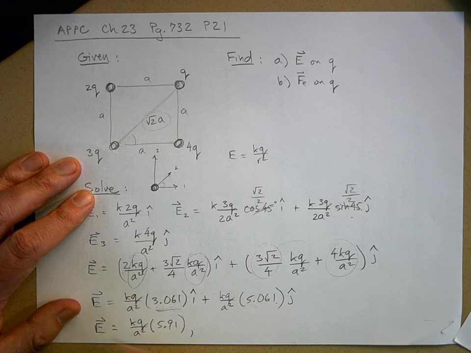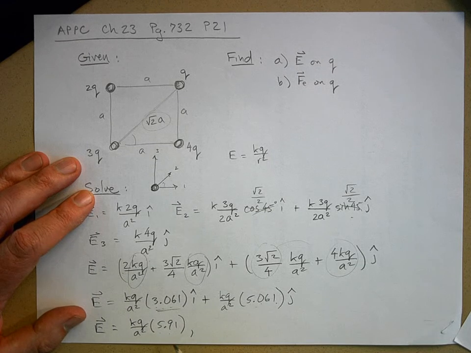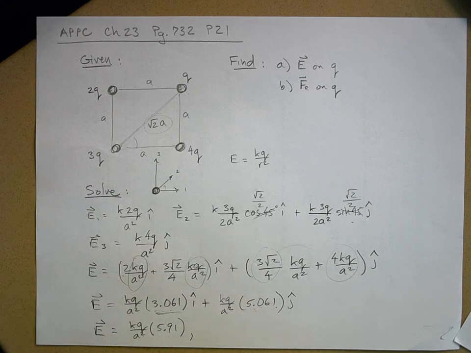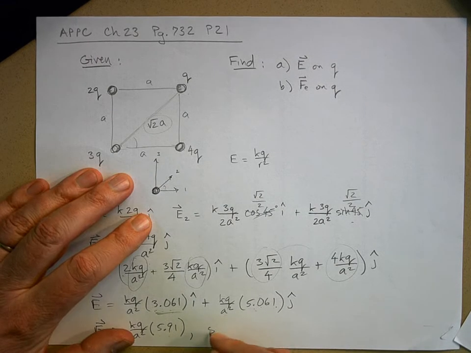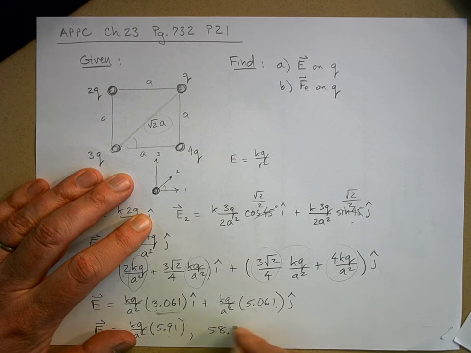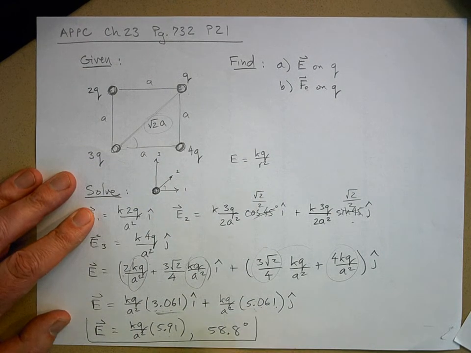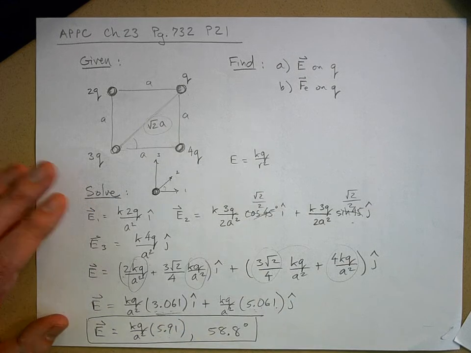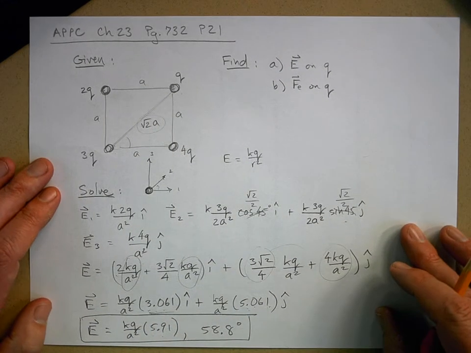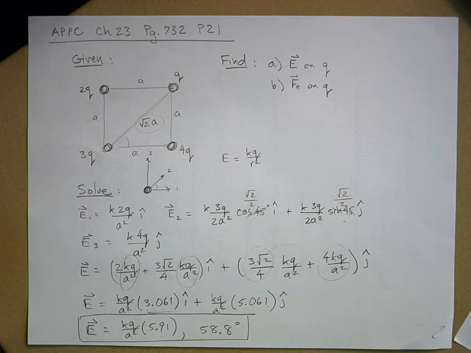And the angle, when you go 5.061 divided by 3.061, take the inverse tangent of that ratio, you get 58.8 degrees. And that is your answer. So it's kind of tedious, but it's not too bad.